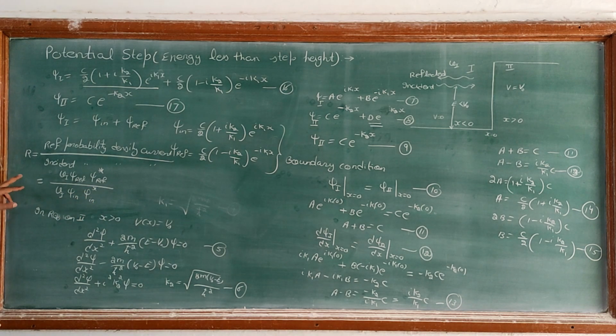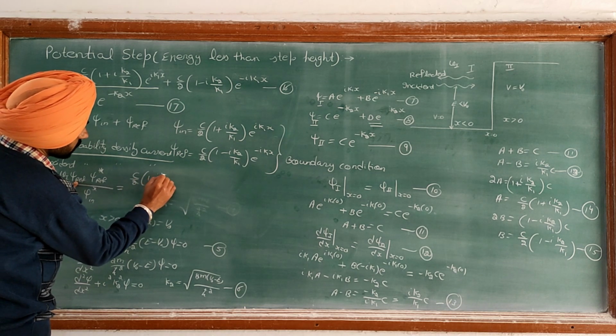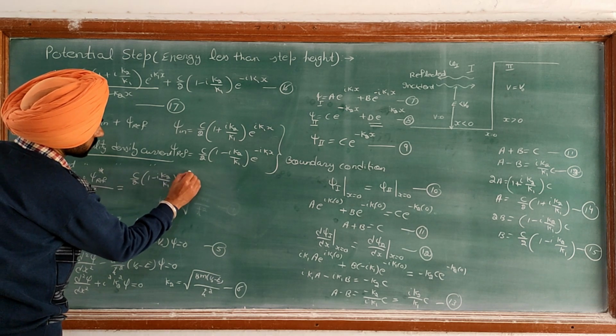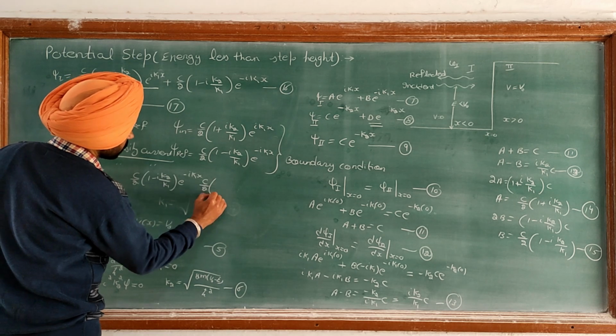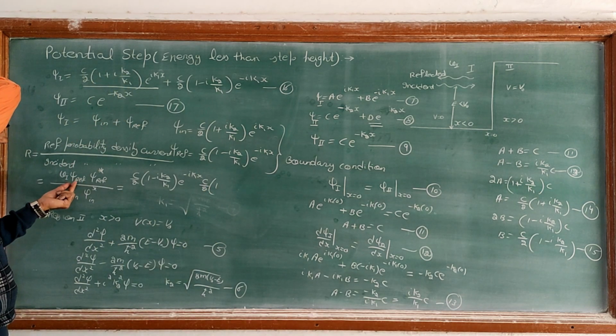So when we substitute, v1 cancels with v1, and psi reflected is c by 2 (1 minus iota k2 upon k1) exponential minus iota k1x, and psi star means the complex conjugate of psi reflected.